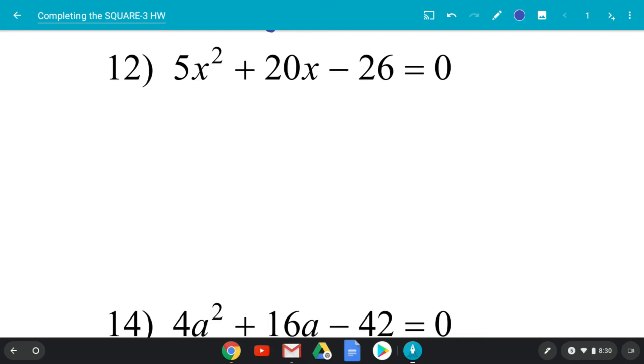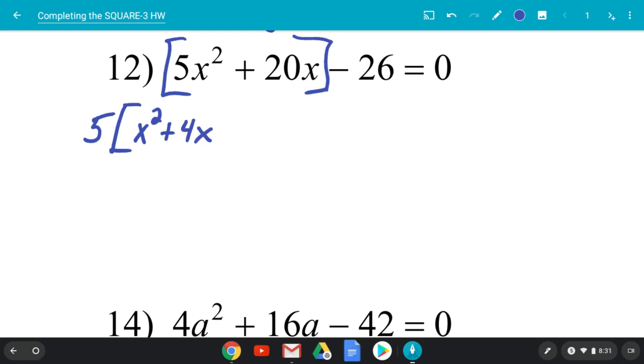All right, let's look at it. Number 12. Is there a GCF? Not in the whole thing, but there is a GCF in these first two terms, right? So I can pull out a 5. I'd be left with x squared plus 4x minus 26 equals 0. But I need a perfect square trinomial in the middle.